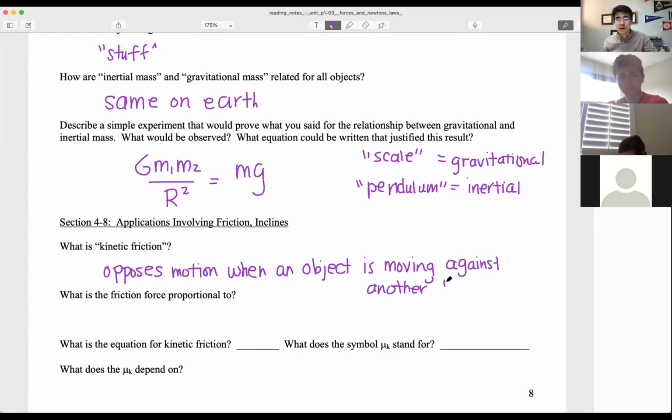And I'll put rough in quotations, right? Because sometimes they'll say smooth or sometimes they'll say ice. As soon as they say smooth or ice, then it doesn't work anymore.